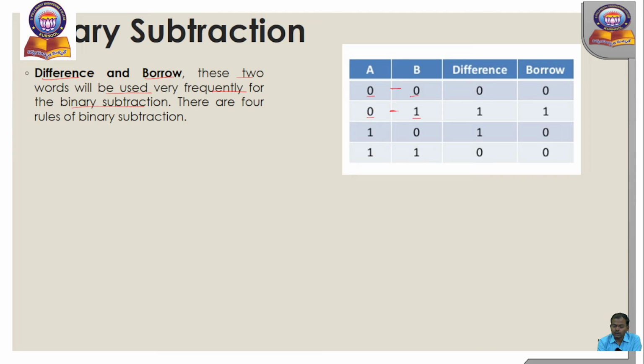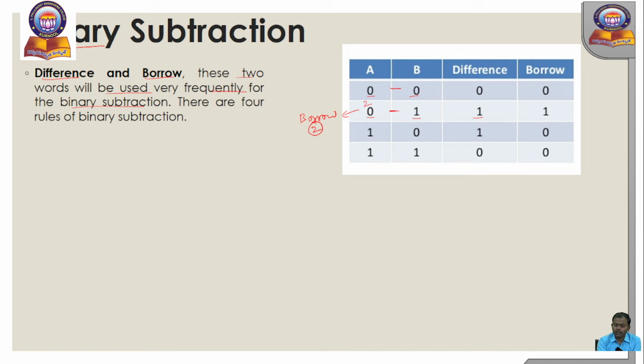We cannot perform 0 minus 1 directly, so we have to borrow from the next position. In the binary number system, we can borrow only 2 from the immediate left position. So we borrow 2, and 2 minus 1 gives difference 1.